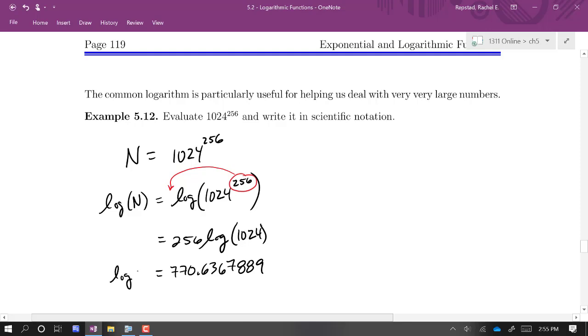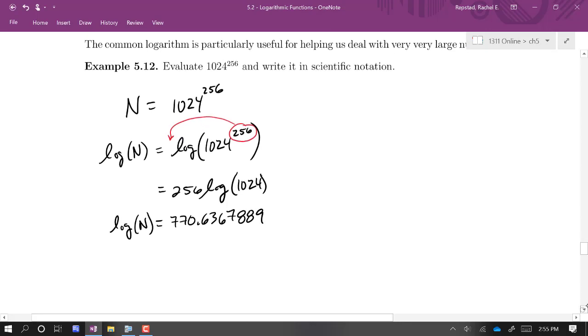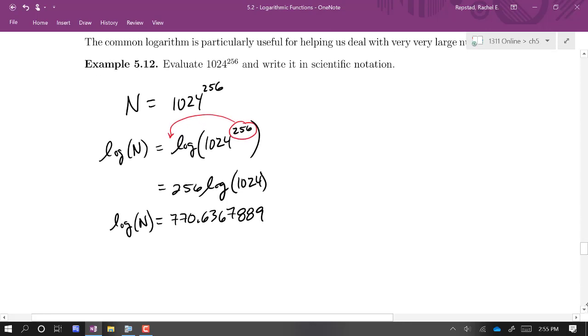And this is equal to log of n. So I know what log n is equal to. What I want is n. So now I'm going to take this equation and write it in exponential form. This is the log base 10. So if log base 10 of n is equal to this number, that means that n is equal to 10 raised to the 770.63678889.